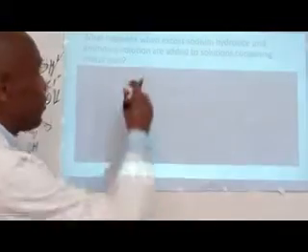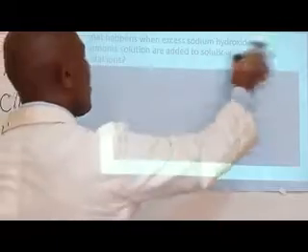When you have a solution that contains some metal ions, let me represent the ions like that, M, then you add sodium hydroxide. What I am expecting to happen is that I'm going to get a metal hydroxide, which is definitely a base.